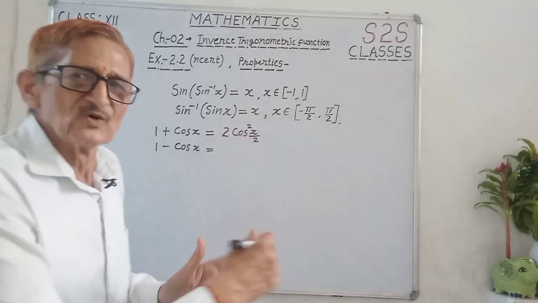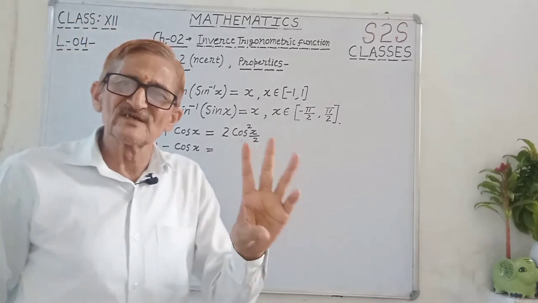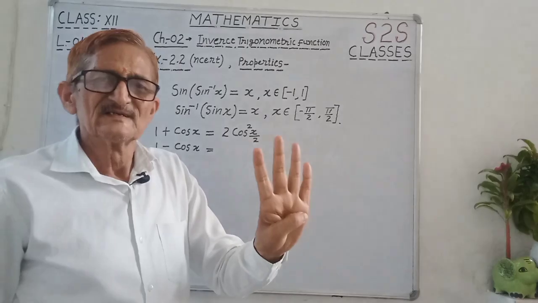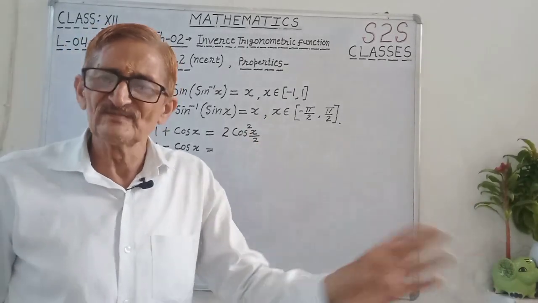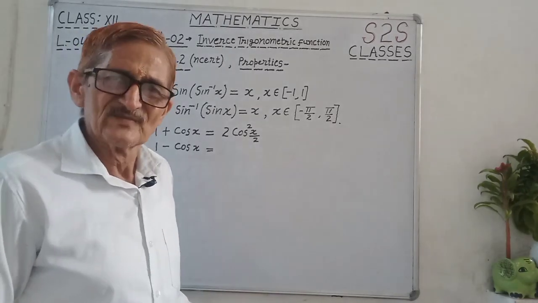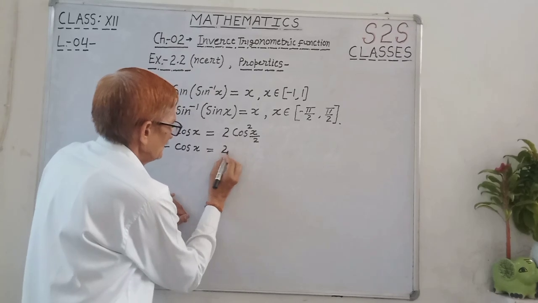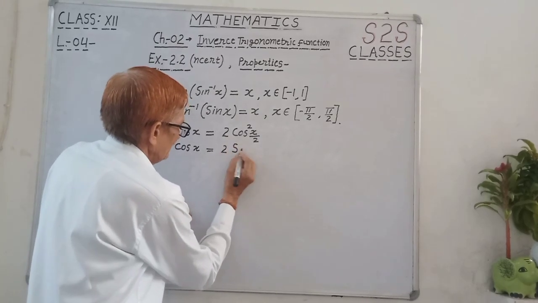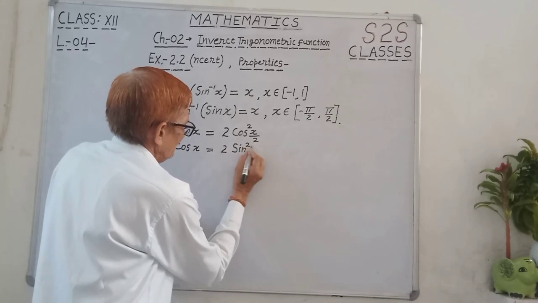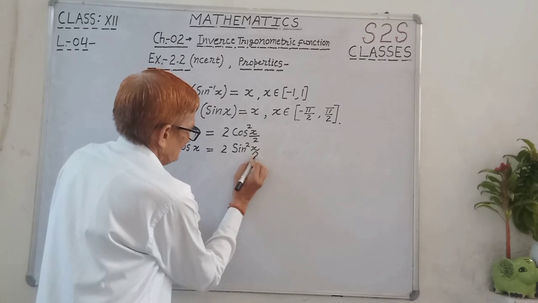There are 3 formulas for cos 2x in +1. So for cos x also it will come, and shifting the term 1 to this side, it will be 2 sin square x by 2.